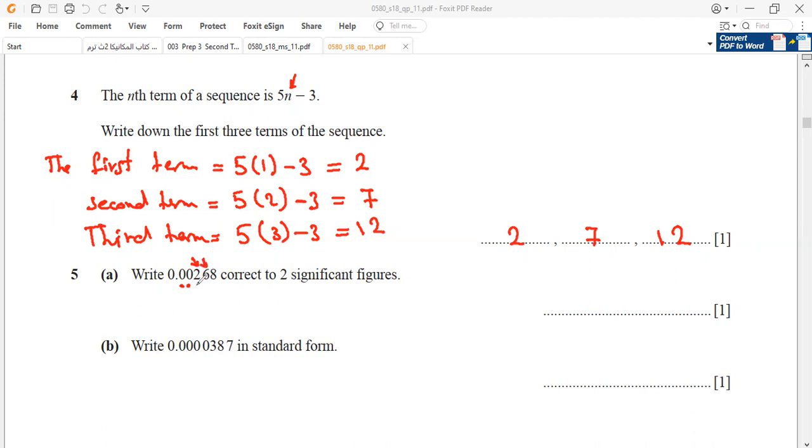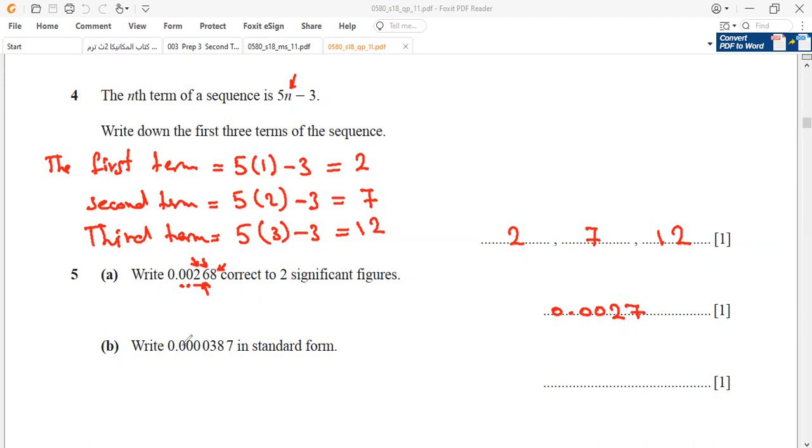We only need to keep the 2 and the 6. We don't need this 8 here, but before removing 8, it gives 1 increase to the digit 6 before it. So we can write this number as 0.002, and this digit 6 will be 7. 0.0027.